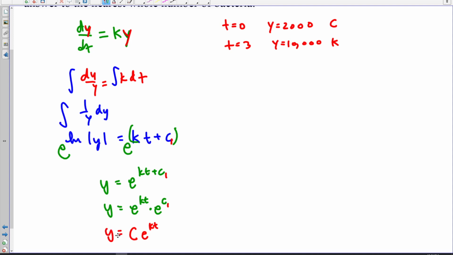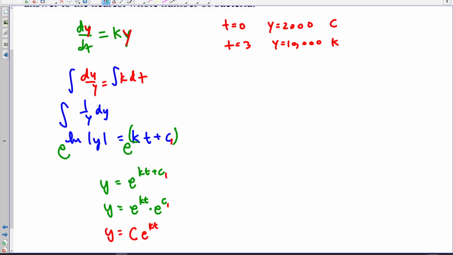But what I have here is y equals c e to the kt. So I have two unknowns here, the c and the k, that are constants, and I can find both of them because I have two initial conditions. Let me start with my first initial condition. It says that any time t is 0, y is 2,000.